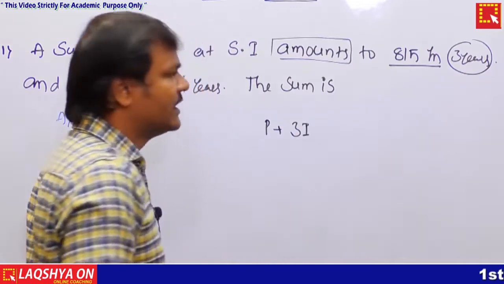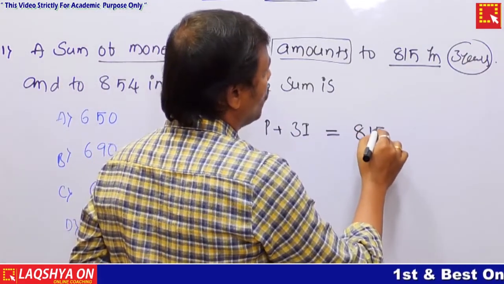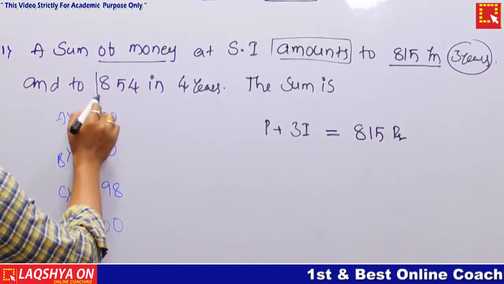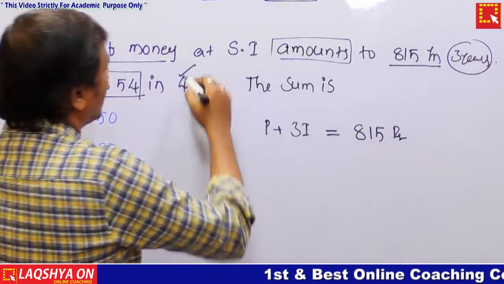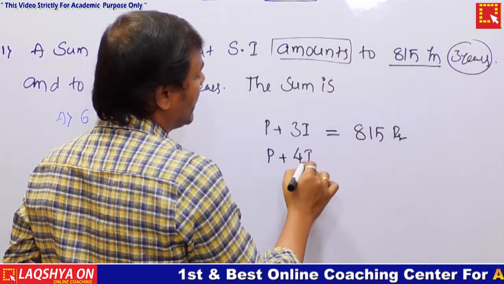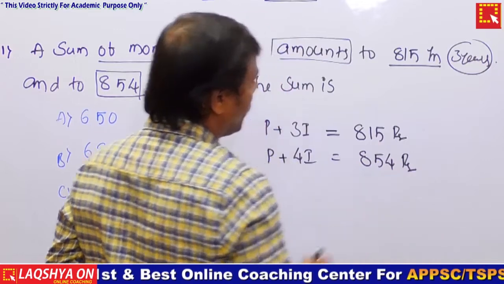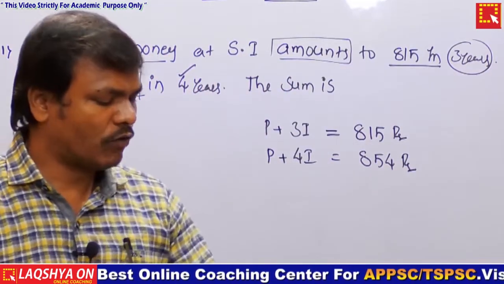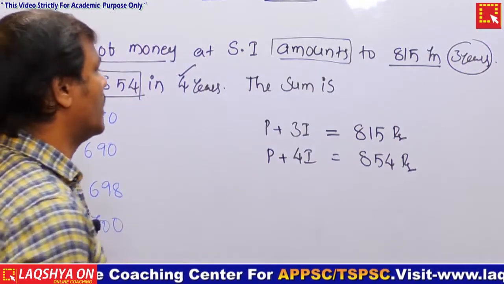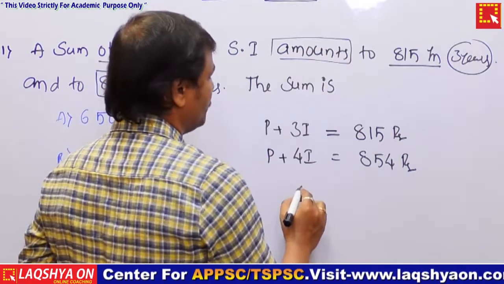After that, in 4 years it amounts to 854, which is the principal plus 4 years of interest. For 3 years it was 815, for 4 years it was 854. Let's see what the increase is for 1 year of interest.